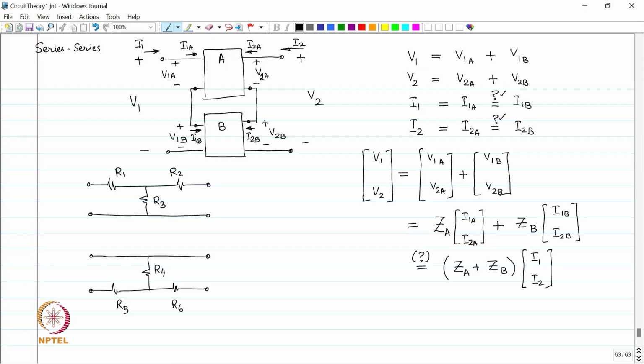What are the Z parameters? We solved this T network, remember, in the previous class.